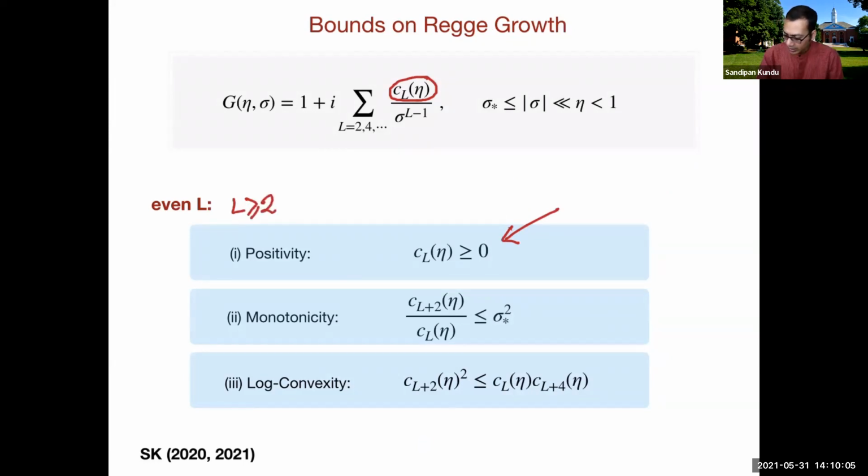Not just that, the CL coefficient must decrease monotonically as I increase L, as shown here. So the right hand side, this quantity, is actually much less than 1. And finally, there is a log convexity condition that all the CL coefficients must satisfy. All of them follow from the sum rule. So in any CFT, if I get this particular Regge behavior, then all the CL coefficients must satisfy all of these conditions.